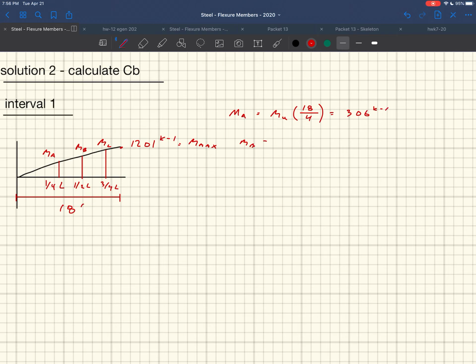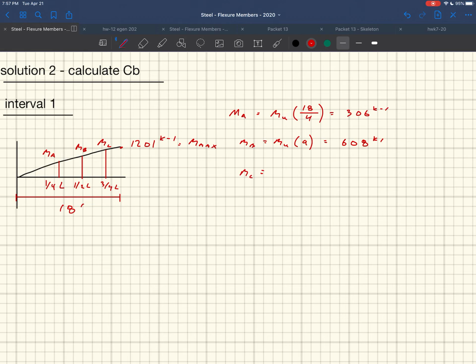Then we come down, we calculate MB, that'd be MU of 9 feet. Did that in my head. 18 over 2. 608 kip feet.